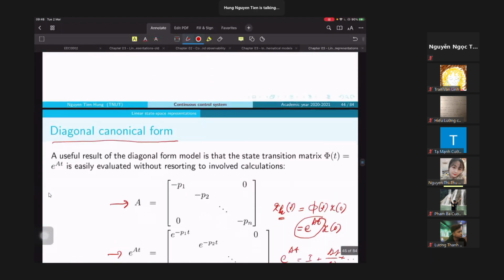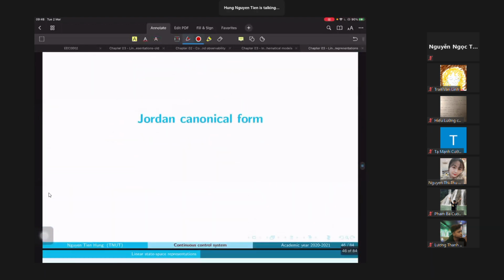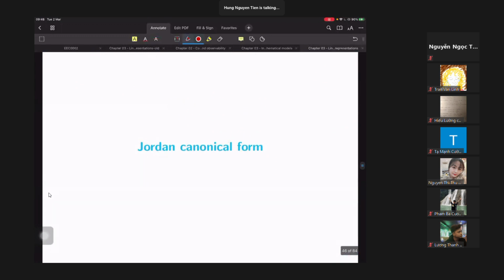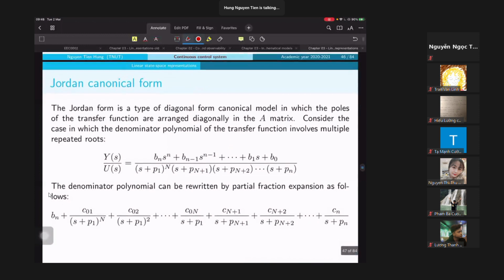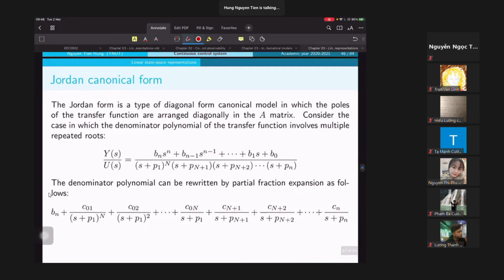Okay, so in the Jordan canonical form, I have changed something a little bit to explain things better. In the last lesson, I had an example where we got, for example, (S plus P1) cubed, and then S plus P4, because we have P1, P2, P3.